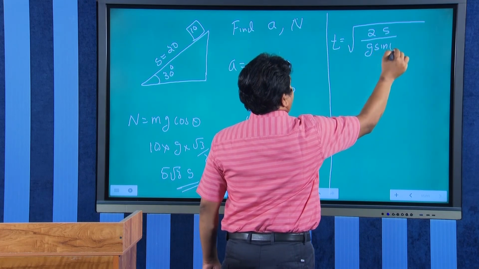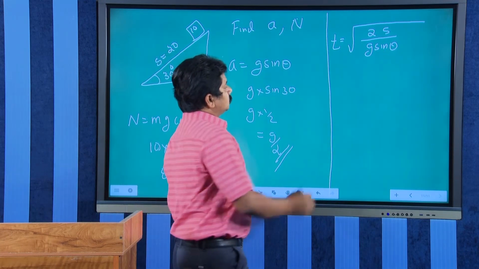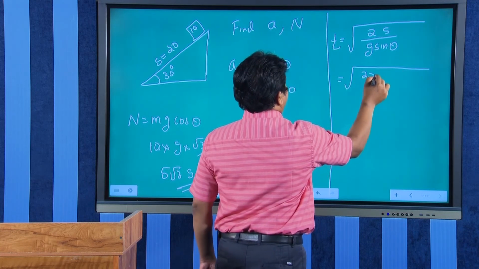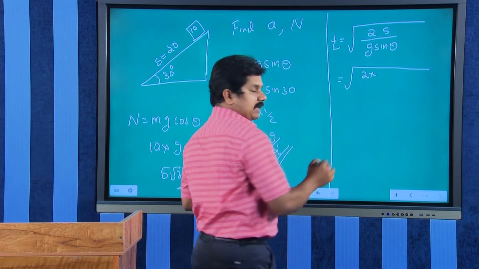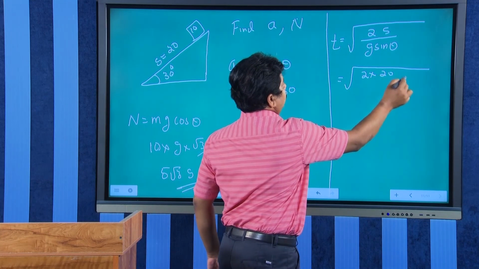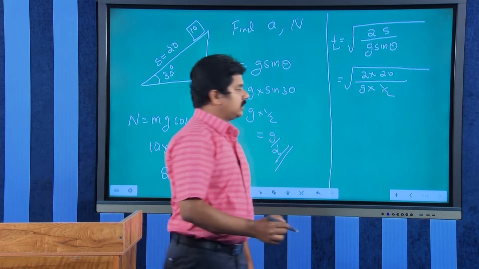So, root of 2 into 20 by g into sin 30, which is 1 by 2.